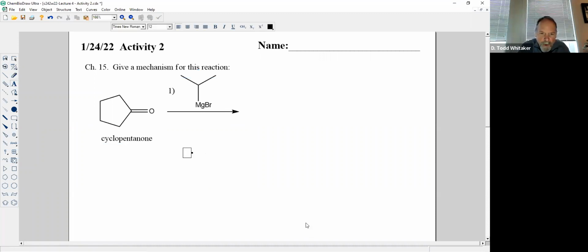Won't be surprised the name is isopropyl magnesium bromide, which implies the bromide's an anion, and so is the carbon, and that's your normal oxidation state for magnesium. It's a 2+ ion with the 2 minuses to balance it, being the carbon and the bromide.